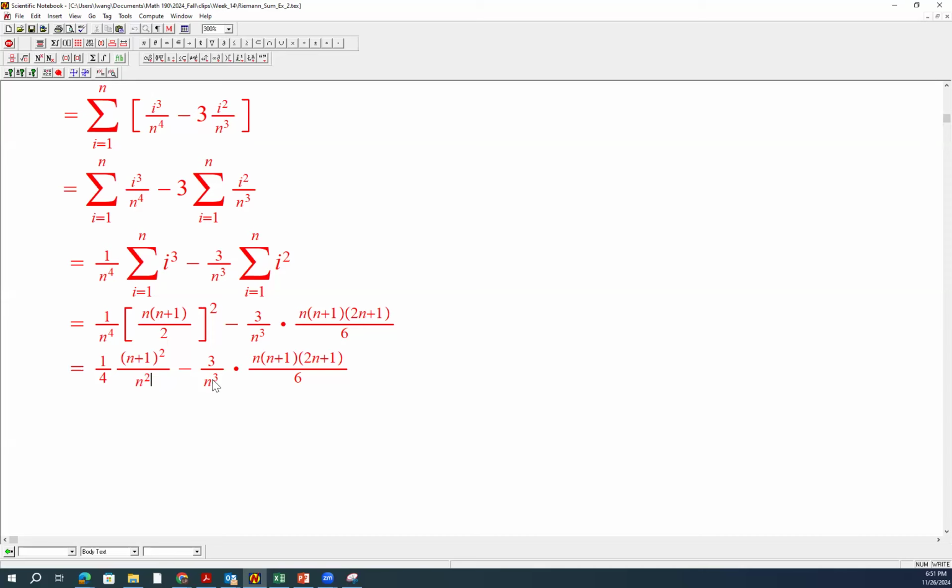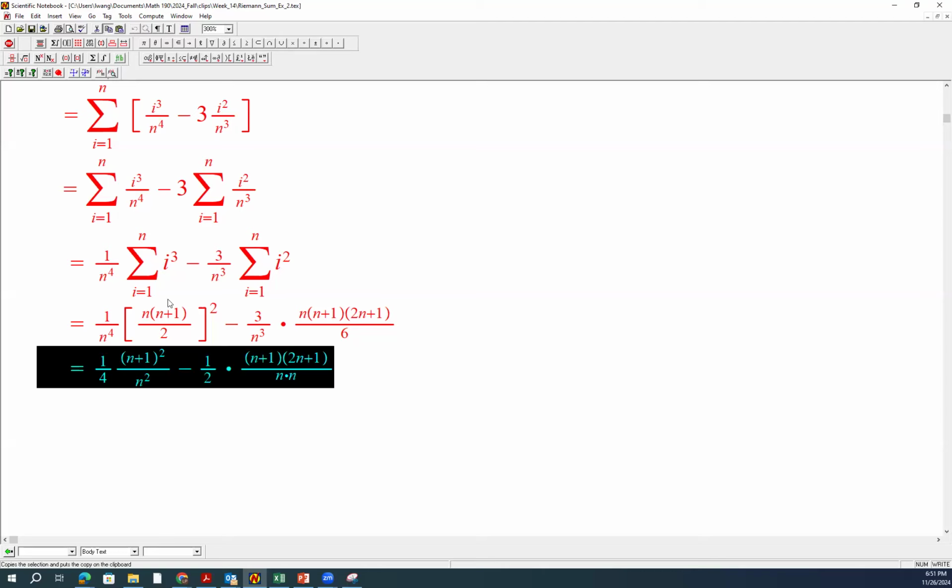I find myself repeating myself. This is 1, and this is 2, so bring the 2 here. Bring n to the power 3 over, so this n we take away, one of the n under. So n squared we can write as n times n. You already know the trick.